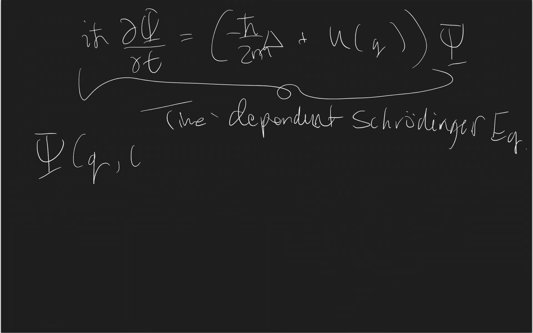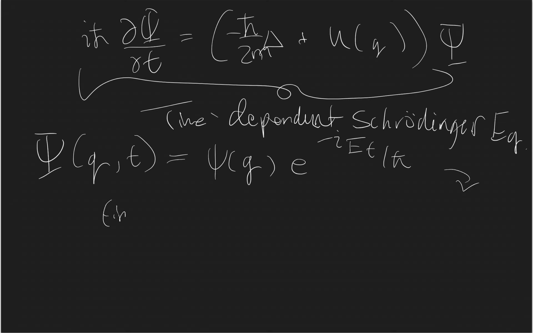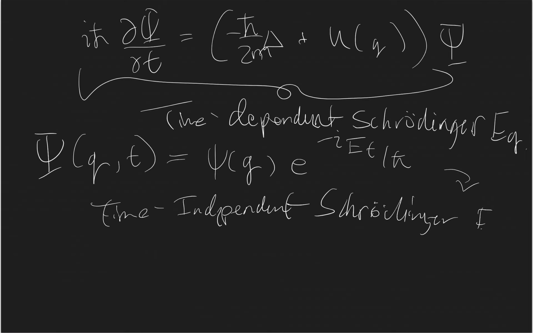If I were to look at the stationary case where we can get the separable solutions, okay, so if I can get the wave function, the smaller psi, in terms of the coordinates, and then multiplied by this time evolution in terms of the energy, we can do this, and then we can solve the time-independent Schrodinger equation.